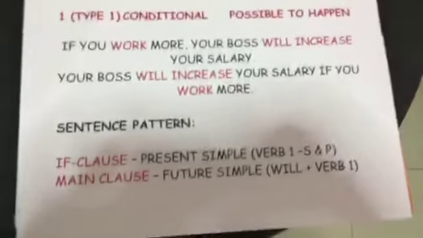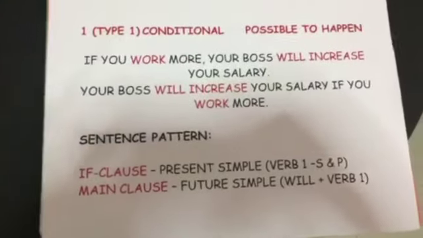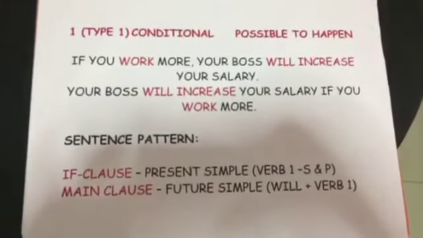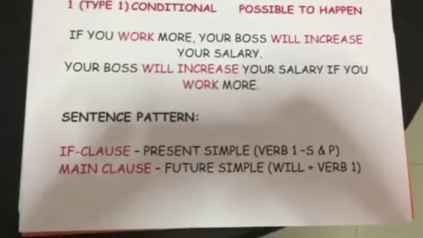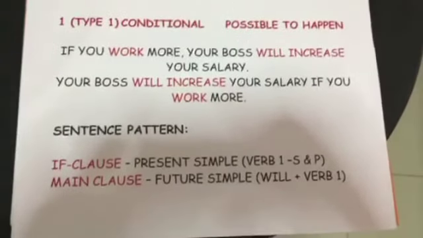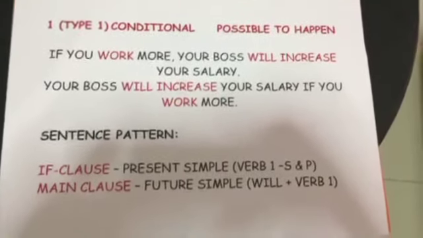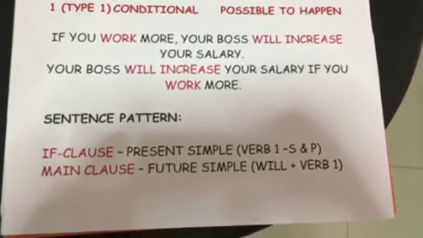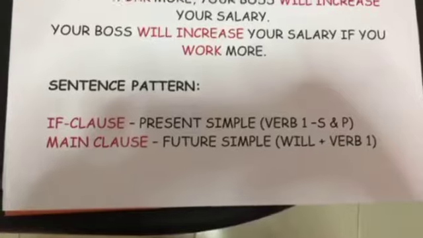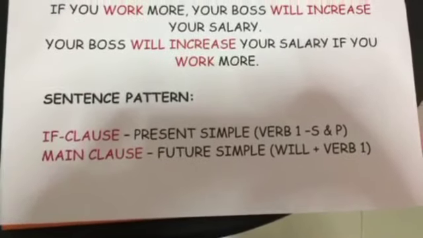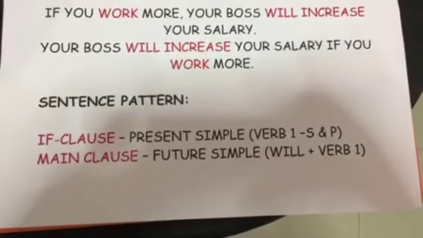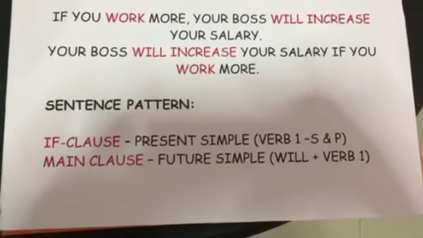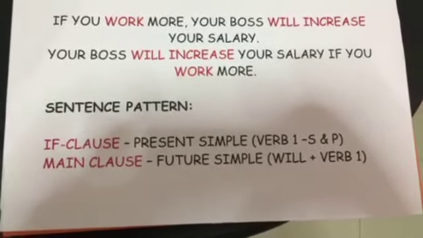All right. Then we have type 1 conditional, or the first conditional sentence. If we talk about real things to happen or possible things to happen in the future, then this is the perfect conditional sentence for you. What is the sentence pattern? If clause is present simple, verb 1, singular and plural, and your main clause is future simple, will plus verb 1.